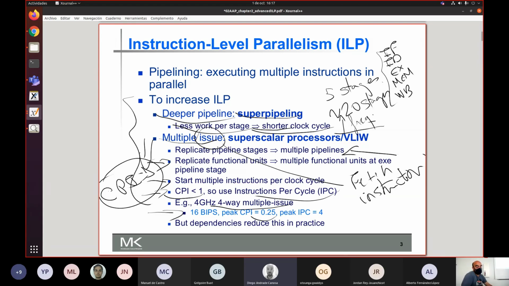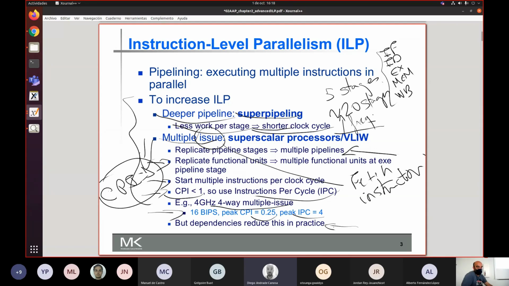And the IPC, that is the counterpart metric of CPI, instructions per cycle, is about 4, or can be 4 maximum, okay? But obviously, as we already mentioned, when we talk about pipelining in general, the dependencies between the different instructions are going to avoid that we achieve this theoretical ideal performance.